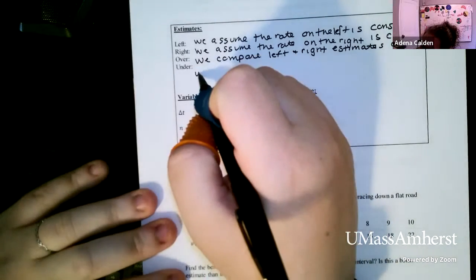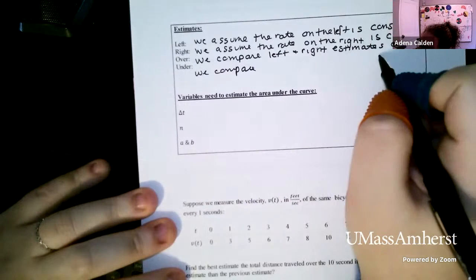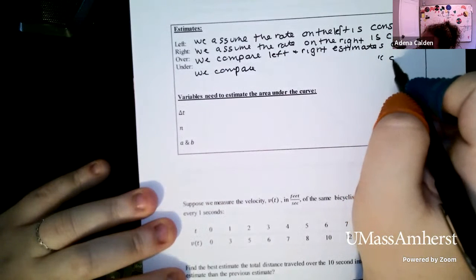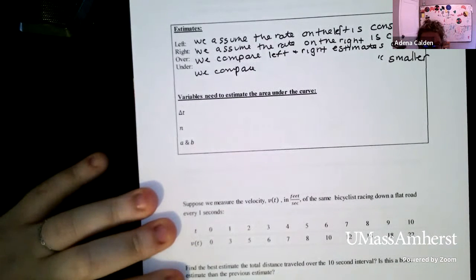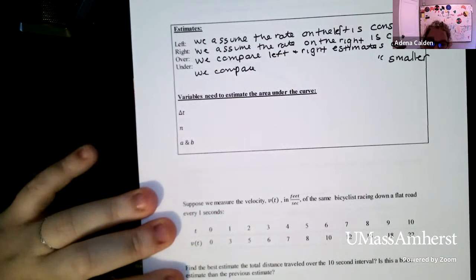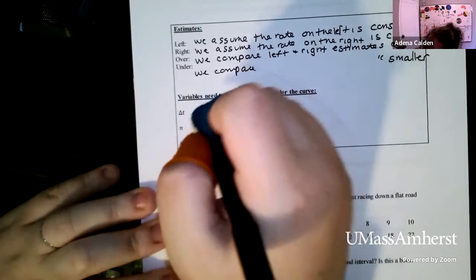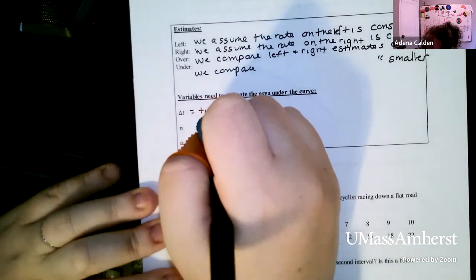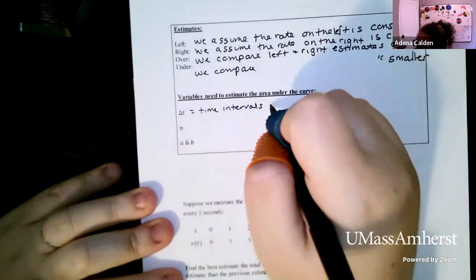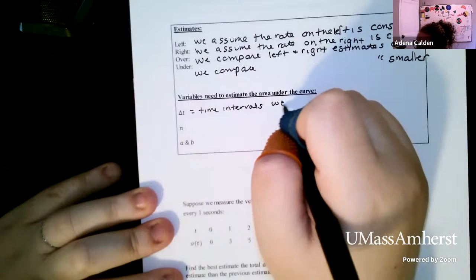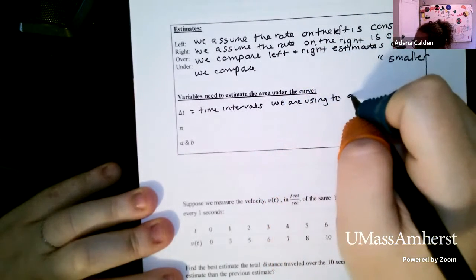For the underestimate, we compare them, and then we're going to pick the smaller of the two. Now, what are the variables and the things we talk about when we do this kind of work? So delta t are the time intervals we're using to approximate.